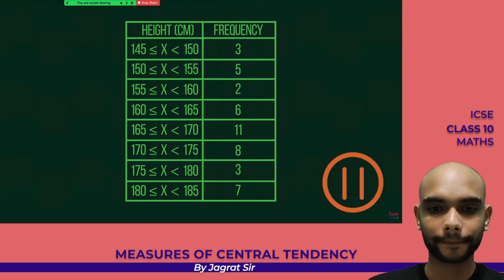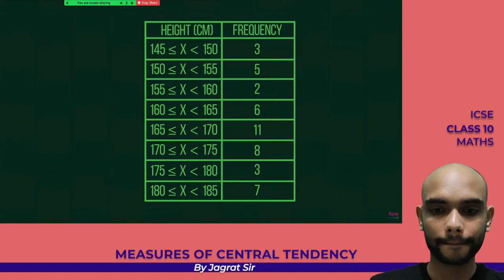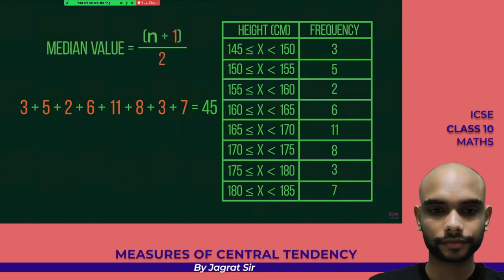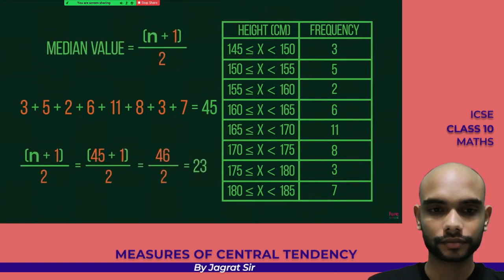Pause the video and see if you can find the median group interval. How did you do? First, we need to find the total frequency in our table. There are 45 values in this table. We then apply this value as n in our median equation. 45 add 1 equals 46, divided by 2 equals 23.